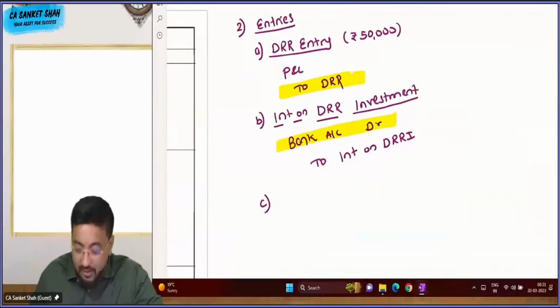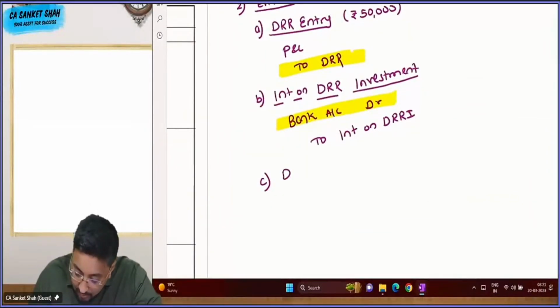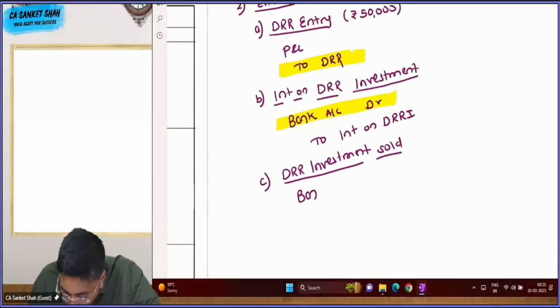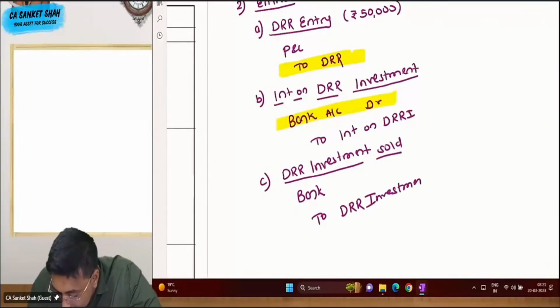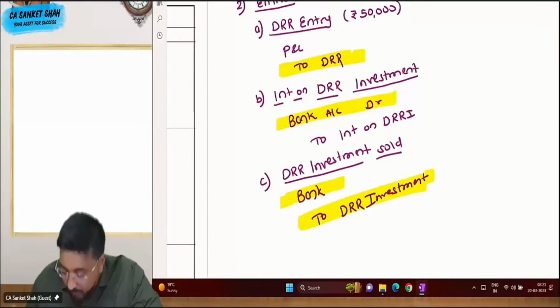Okay, we gave the effect of this entry. Then third entry, beta: DRR investment sold. No profit no loss. So bank account debit to DRR investment. Both accounts are opened. Next.